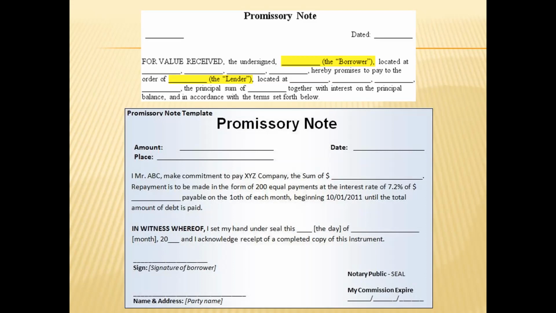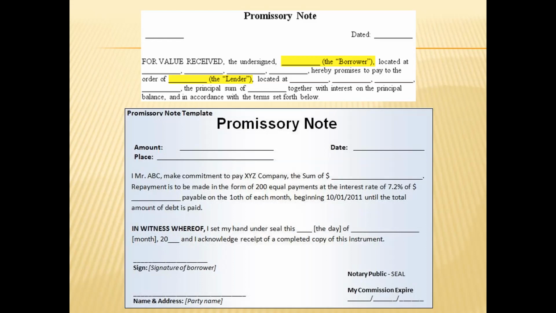So you'll see that the bottom one actually includes that information. It says promissory note, it puts the amount, the place, that is the country, the island and the country, the date will be included there, and says I, and whoever the person is, or we, if it's more than one, make commitment to pay XYZ company the sum of dollars.